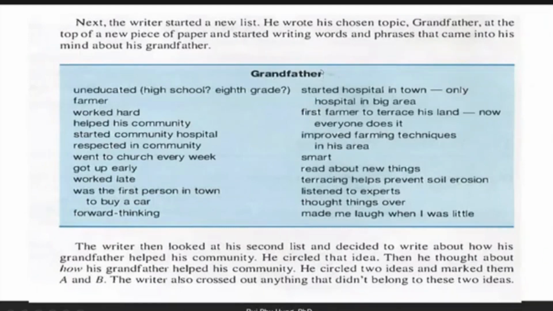And of course, you need to write this person at the top of the paper, at the top of your notes. Okay, and start writing words and phrases that come into your mind about your grandfather.